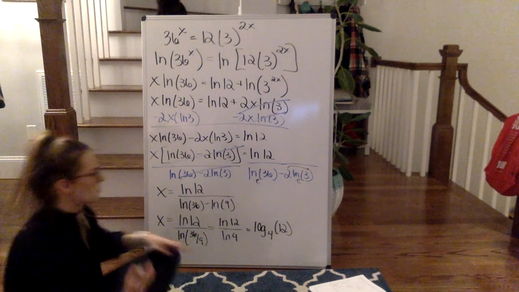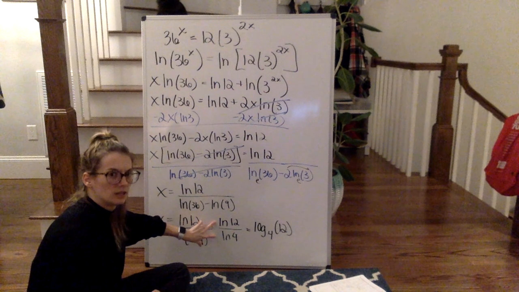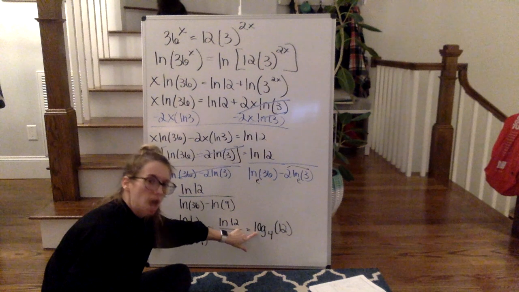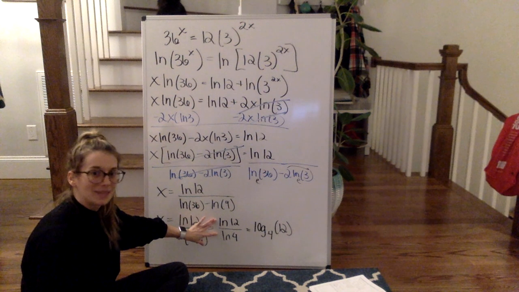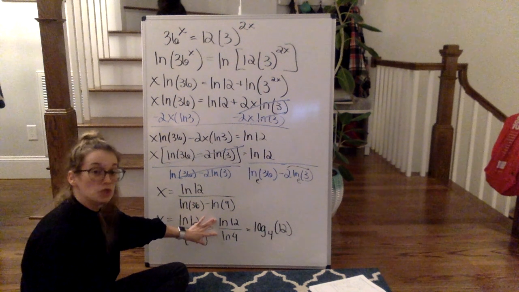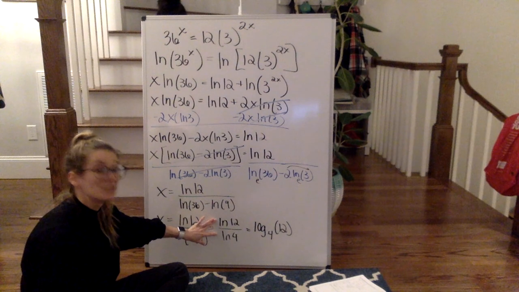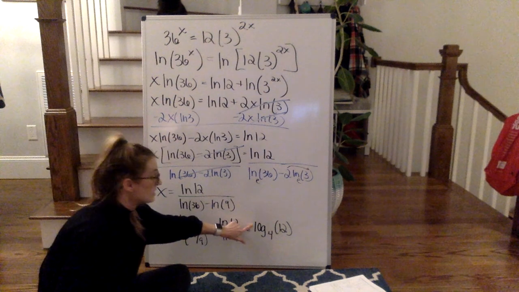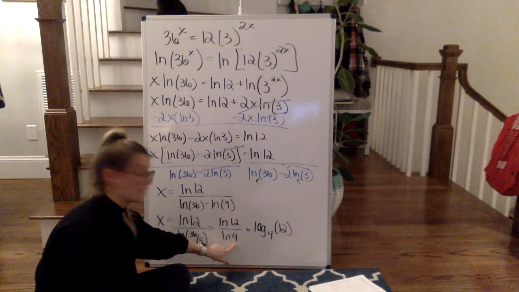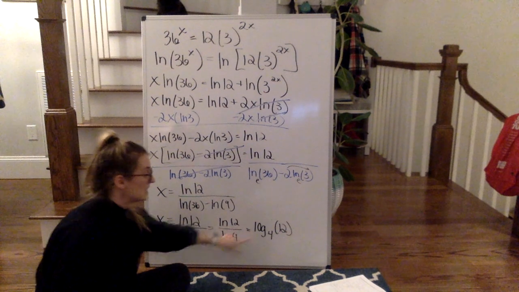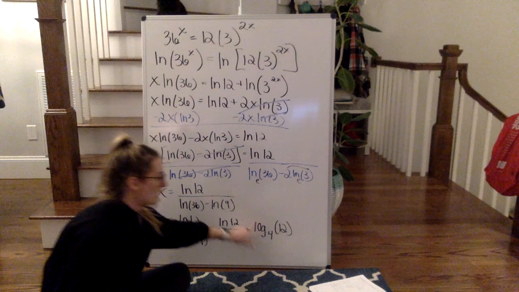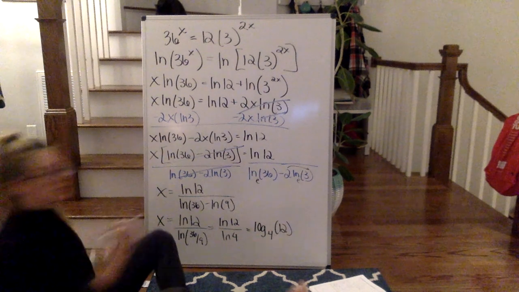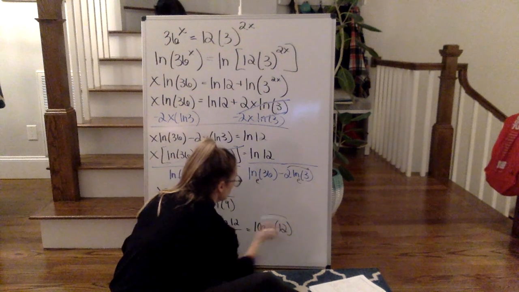Now, you might be thinking, well, wait a minute, I saw lns here. How is it all of a sudden turning into log? Well, remember, ln is implied to have a base of e. And I am trying to use change of base to turn this into a single log that has a base of 4, the thing in the denominator. And so it's inappropriate to use ln here. I need to be using log notation. It's log base 4 of 12. We just use change of base, and that's our final answer.